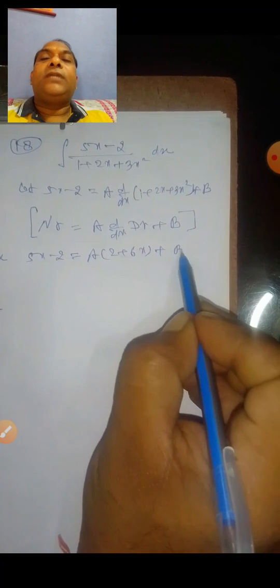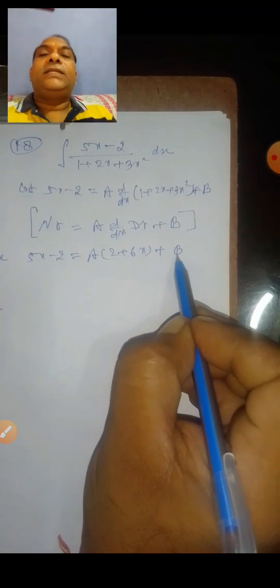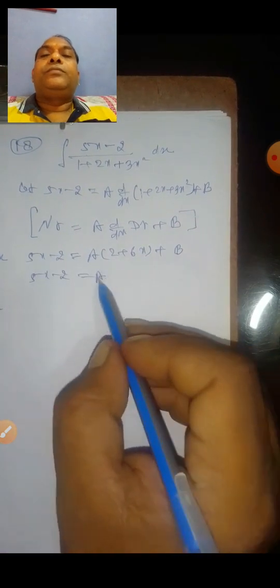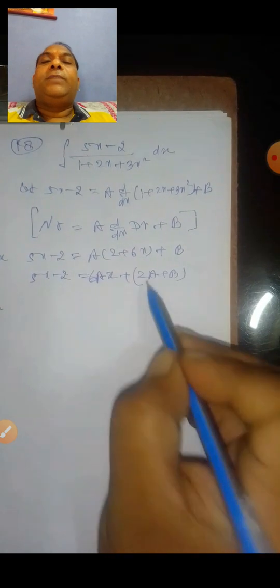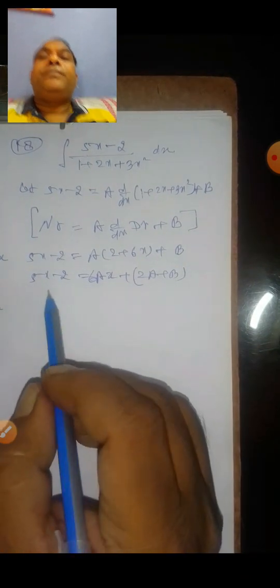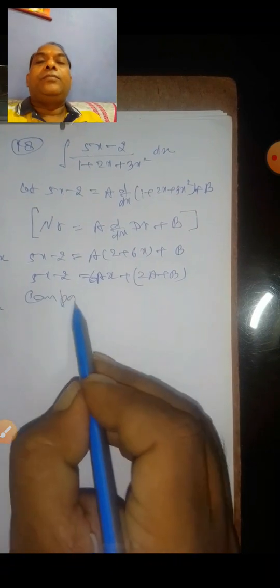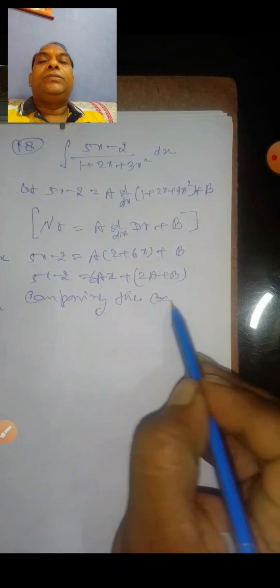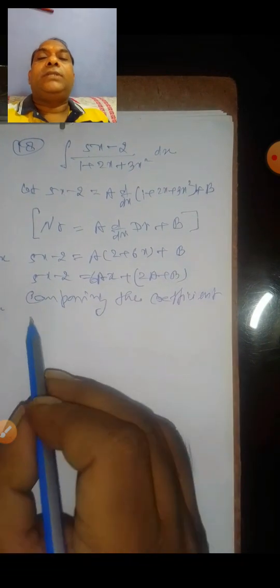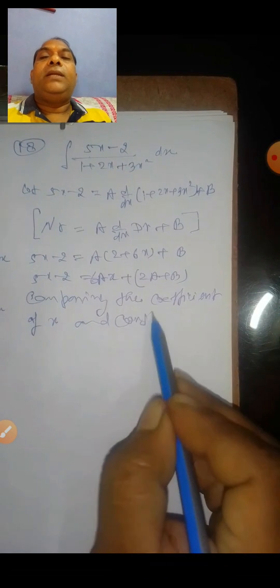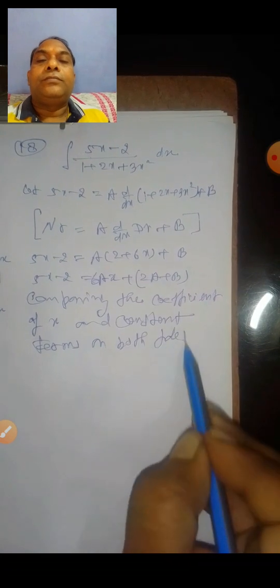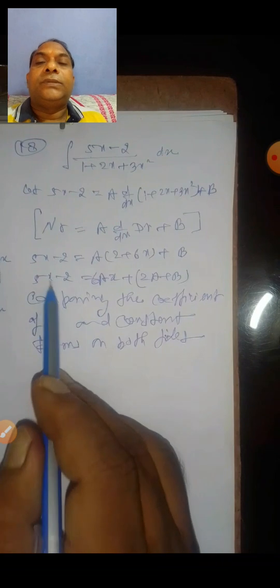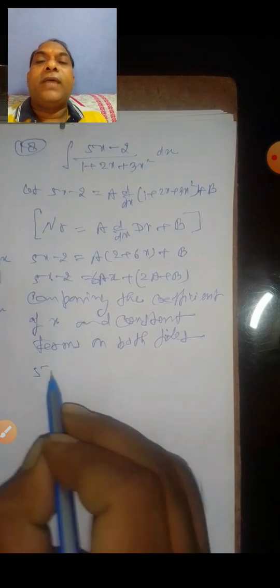So 5x minus 2 is equal to A into (2 plus 6x) plus B, which is 6Ax plus 2A plus B. Now comparing the coefficient of x and constant terms, then you can find the value of A and B. So comparing the coefficient of x, then 5 will be equal to 6A.